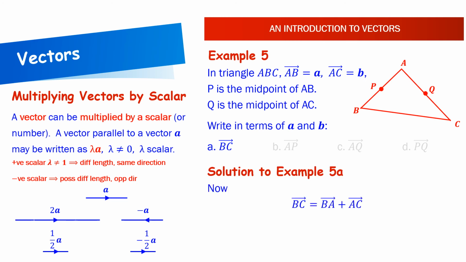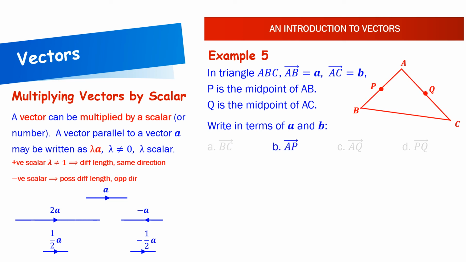The vector BC is equal to BA plus AC. Now BA is equal to minus a, since AB equals a, and AC is equal to b. So vector BC is equal to b minus a.